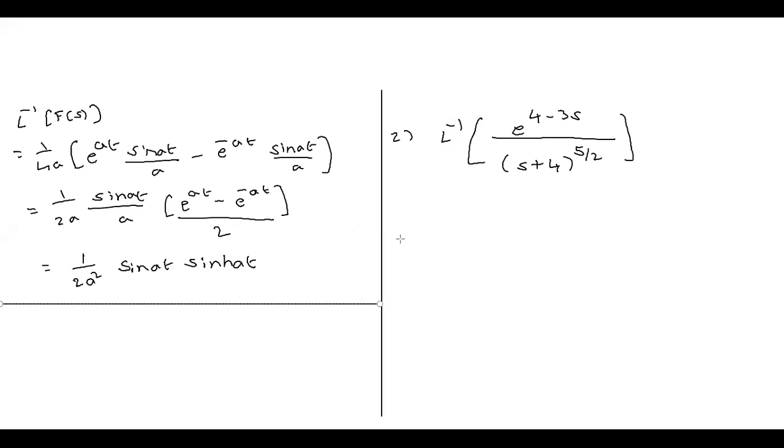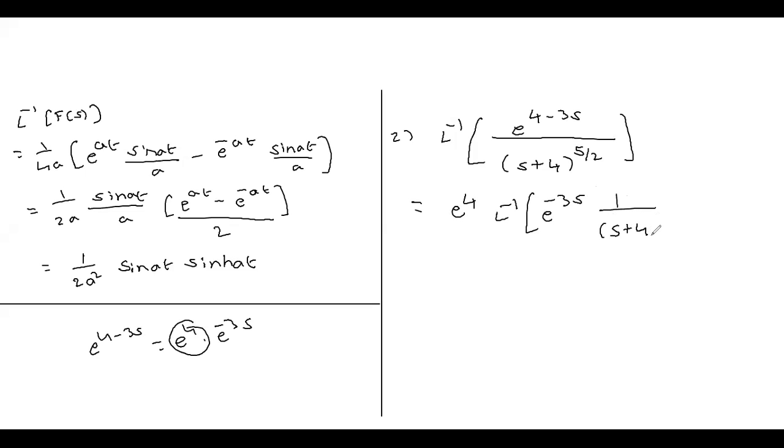You have to write this e power 4 minus 3s as e power 4 into e power minus 3s. And e power 4 is a constant. Therefore, I can bring that constant outside the inverse Laplace because L inverse is a linear operator. So I can write this as e power 4 into L inverse of e power minus 3s into 1 by (s plus 4) whole power 5 by 2.